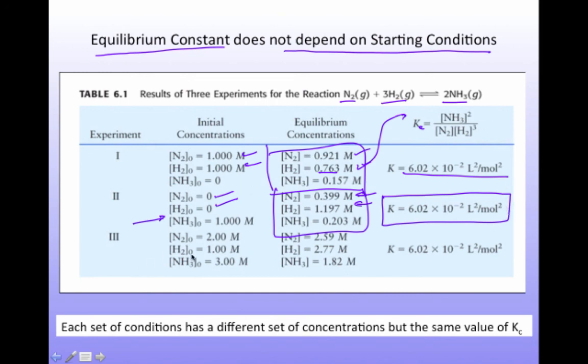And here you can start it off with a little bit of everything. 2 molar of this, 1 molar of this, 3 molar of that. Let it all go to equilibrium. What do you get? A whole bunch of stuff. And now exactly the same value. So every condition ends up different, but what is the same is the value of the equilibrium constant. The individual concentrations can vary, and the ratio between any 2 of them can vary. Because we're squaring and cubing things, it doesn't work out to a simple relationship.